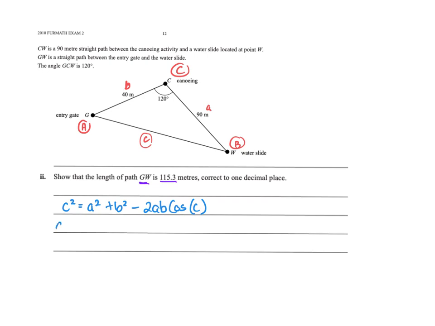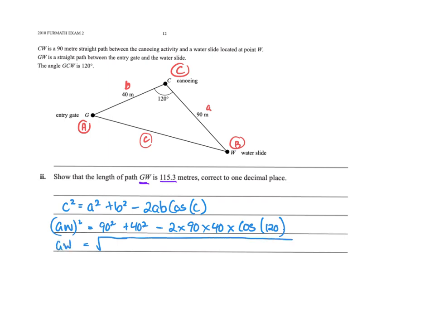So we might call it GW squared equals 90 squared plus 40 squared minus 2 times 90 times 40 times cos 120. You might put the final step in and say GW is the square root of all of that.